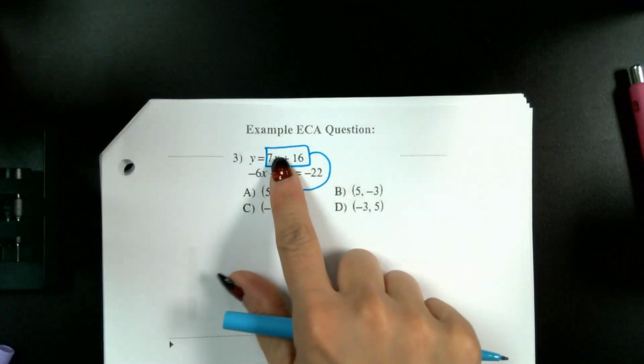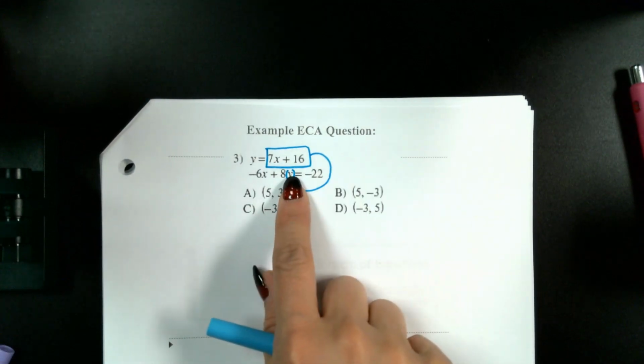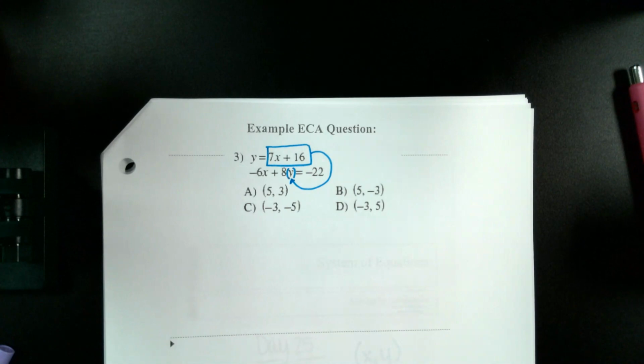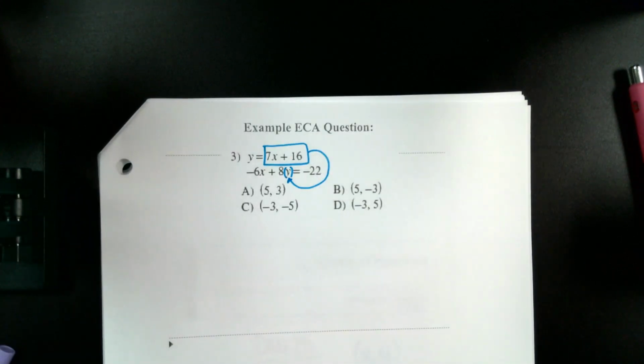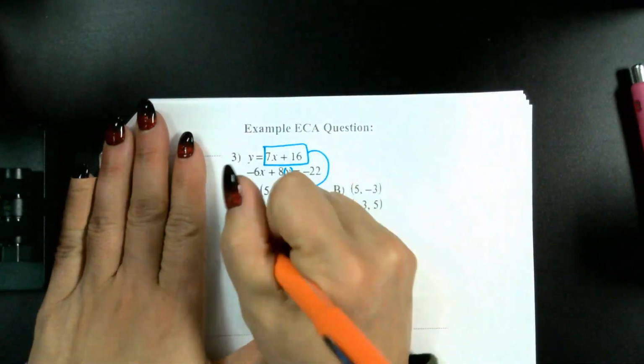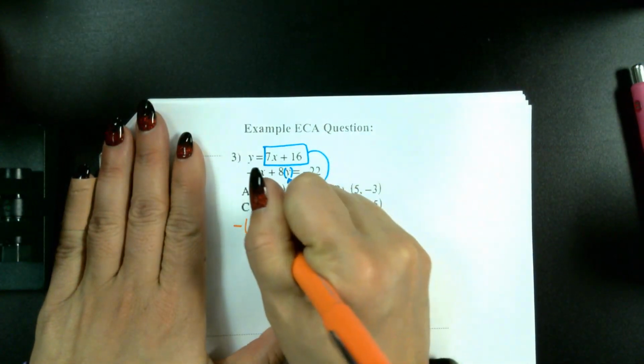Take what's in the box, plug it into the bottom equation where the y is, and see what you get. Work it out on your own. I'm going to freeze the screen so you guys can't see what I'm doing. But I want you to try it on your own, see what you come up with, and then we'll compare.